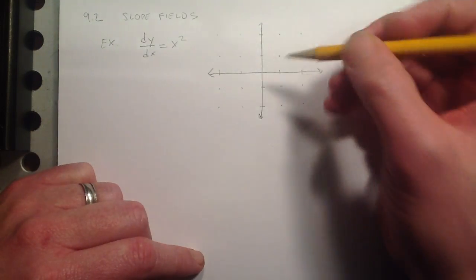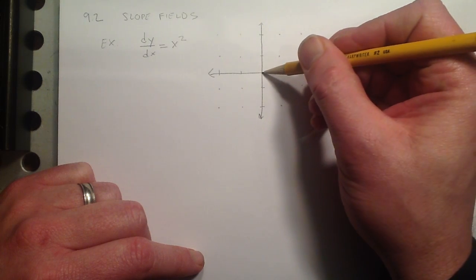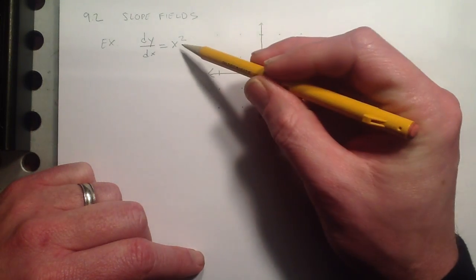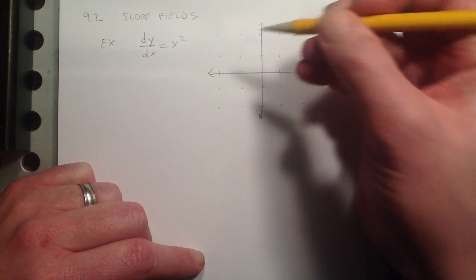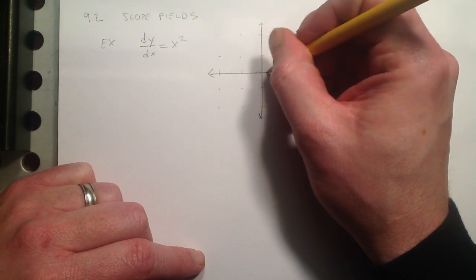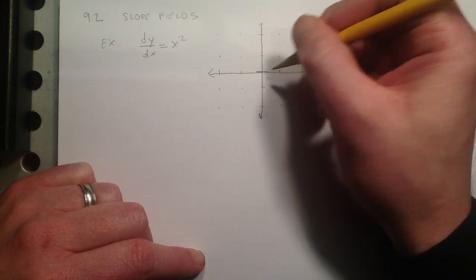So we could start, for example, with the origin, the point (0, 0). Now, at the point (0, 0), we're only interested in the x-coordinate. We take the x-coordinate and square it, and that gives us a slope of 0. So I'm going to sketch in here a little line segment that has a slope of 0.